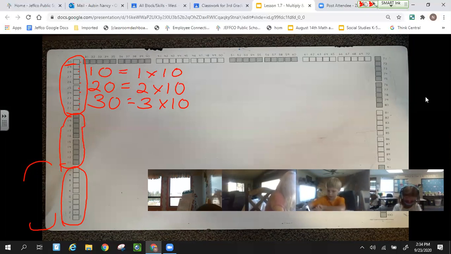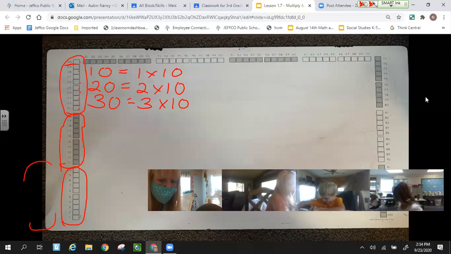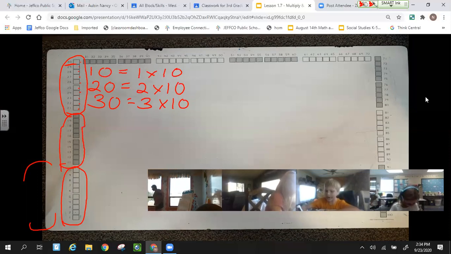I am fine with you going ahead. If you want to go ahead, make sure you stop at 100. It is okay if you go ahead. That makes me so happy. It makes me realize you're getting the patterns. You're understanding what comes in 10.